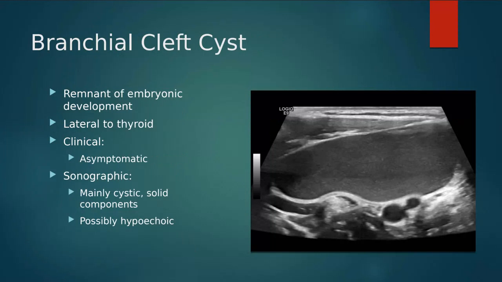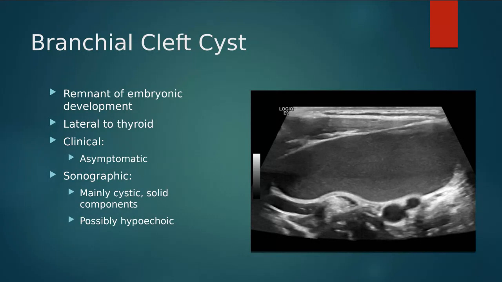Next, we have a branchial cleft cyst. So this is not like the brachial artery of the arms. This is a branchial cleft cyst. This is also kind of similar to the thyroglossal duct cyst in the sense that it's a congenital finding. Basically, when we are developing in utero, we have these very primitive cellular structures, and it's a remnant of that embryonic development in our neck.